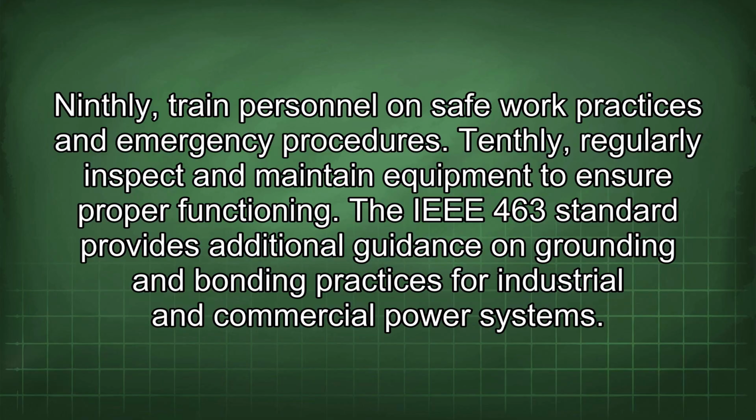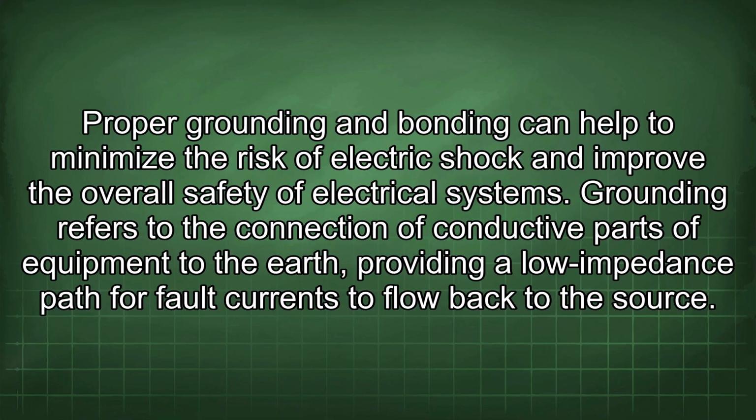The IEEE 463 standard provides additional guidance on grounding and bonding practices for industrial and commercial power systems. Proper grounding and bonding can help to minimize the risk of electric shock and improve the overall safety of electrical systems.